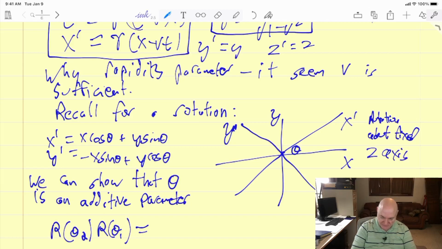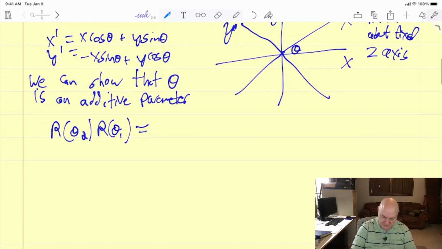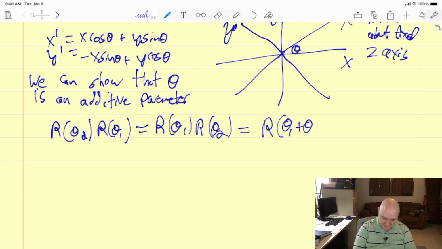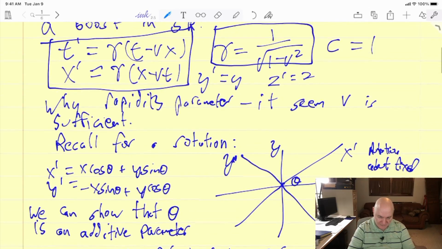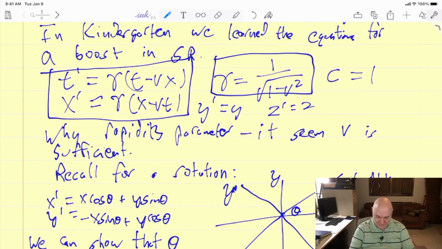So those rotations commute, and so this is equal to r theta 1, r theta 2, is equal to r of theta 1 plus theta 2. So the angles are additive. And as a matter of fact, if you substitute imaginary angles in these formulas, you'll end up getting our old friend, the Lorentz transformation.